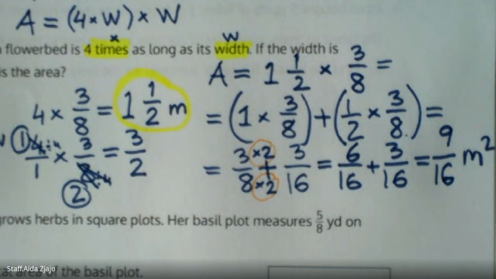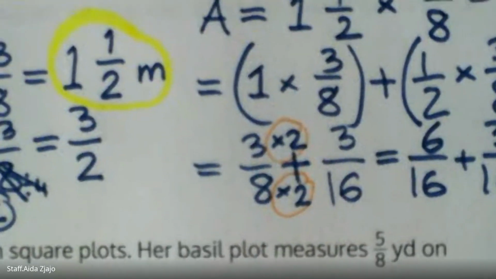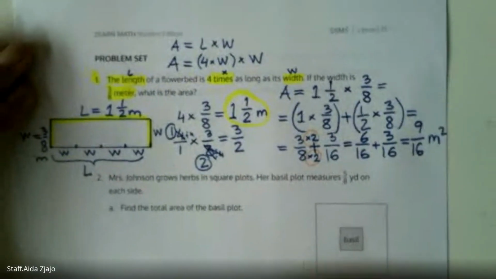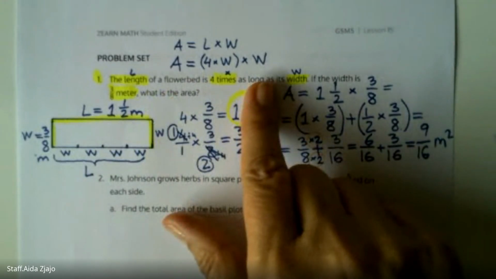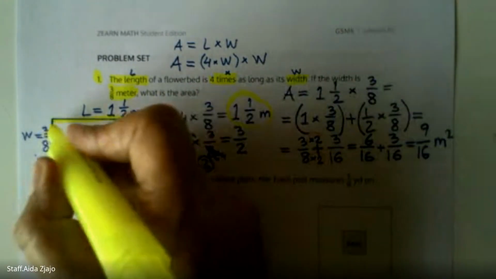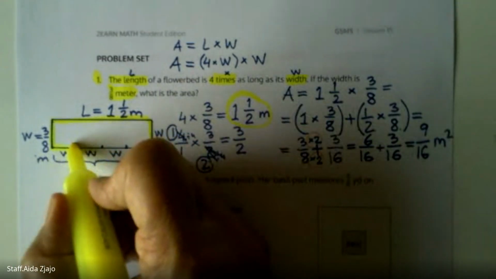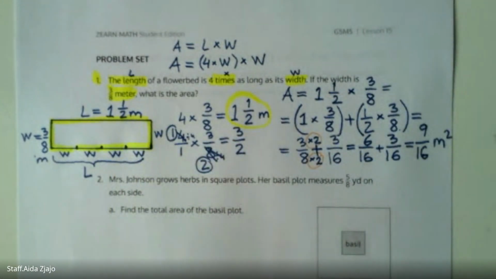So that should be the area of this flower bed. Okay, so now this is the answer for number 1. So if this is width, length is 1, 2, 3, 4 times as much.